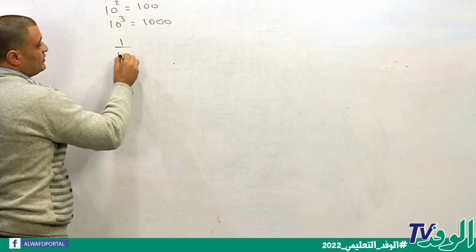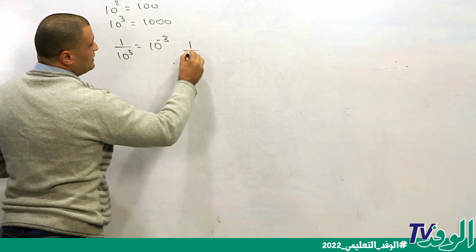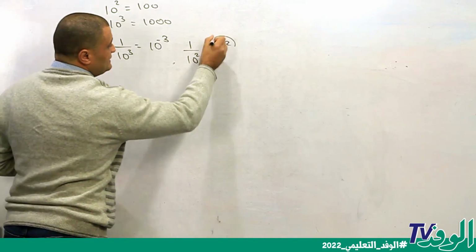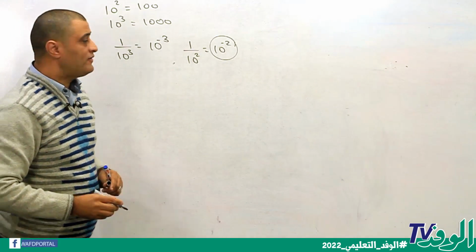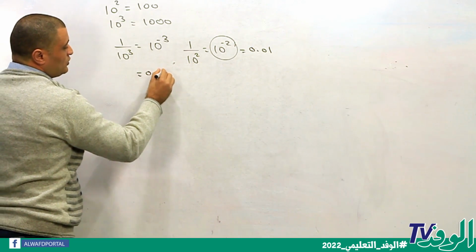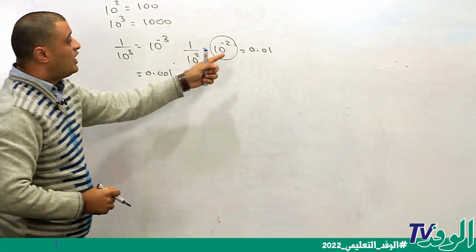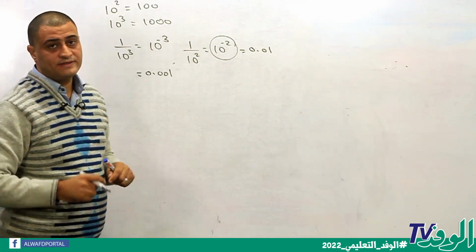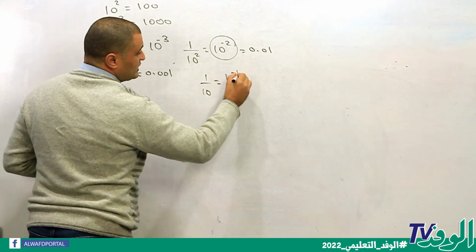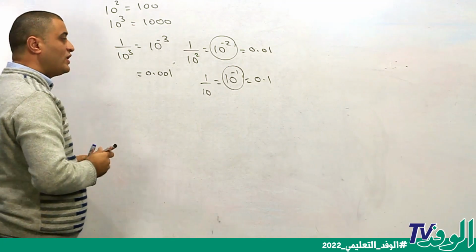Here 1 over 10 power 3 equals 10 power negative 3. 1 over 10 power 2 equals 10 power negative 2. So this is called a standard formula. If you want to write 0.01 or 0.001, 0.001 can be written as 10 power negative 3, and 0.01 can be written as 10 power negative 2. Here 1 over 10 equals 10 power negative 1, which can be written as 0.1. This is called the standard formula of this number.